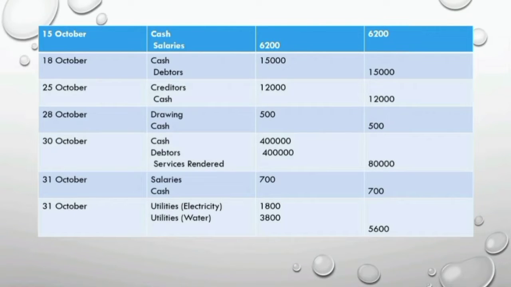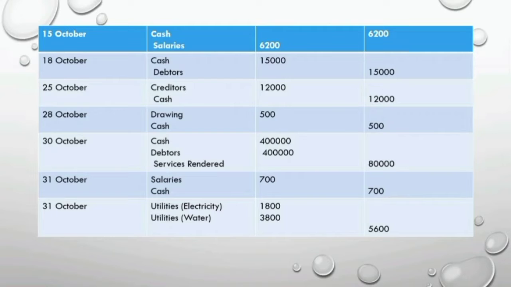On 15 October, we have cash account and salaries account. Cash account we put on credit and salaries account we put on debit. On 18 October, we have cash and debtors, which is cash we put on debit and debtors on credit.